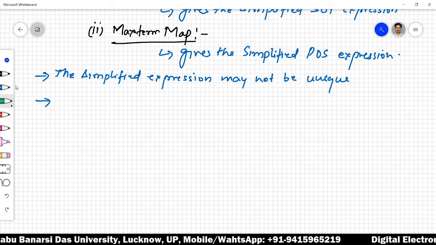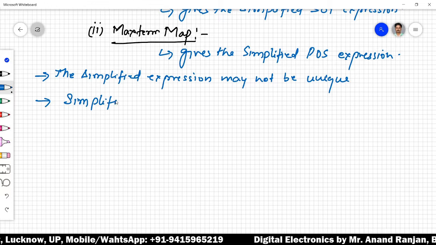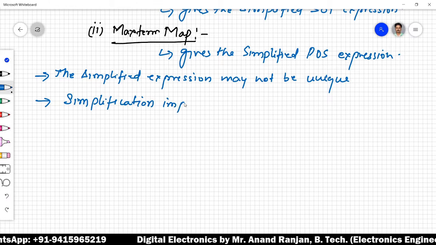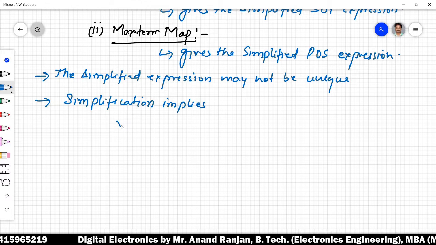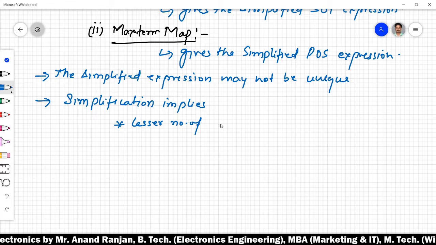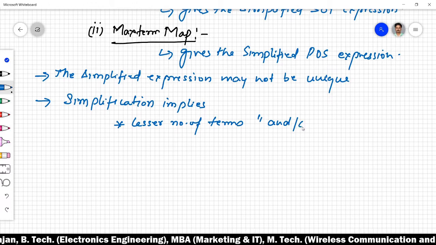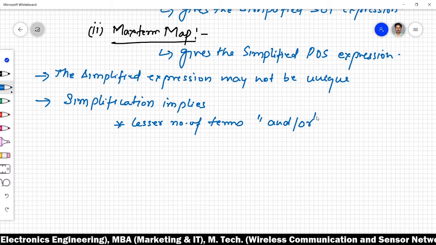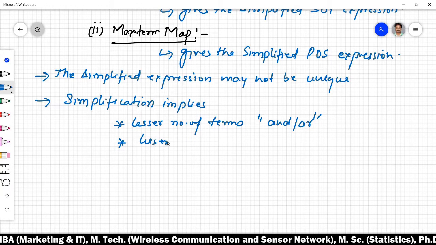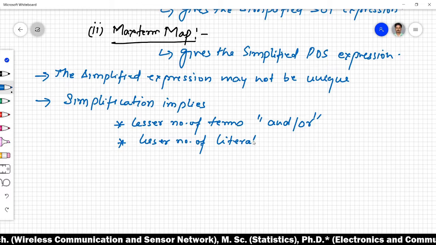So let me write this: simplification implies, number one, a lesser number of terms, AND terms or OR terms, and a lesser number of literals.